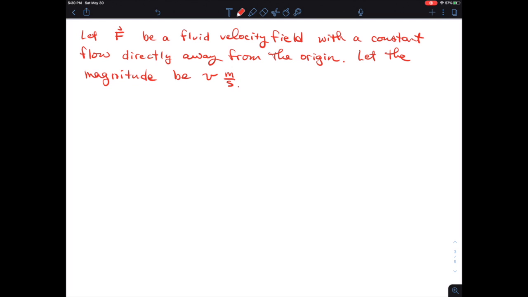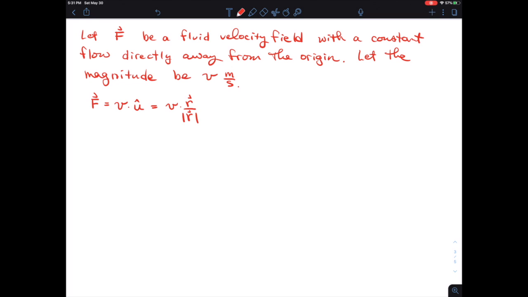For the surface, first of all, we should construct this. So my field is going to have magnitude V times some unit vector that points away from the origin. So how about if we do V and just make the position vector R into a unit vector like that, and that'll work.